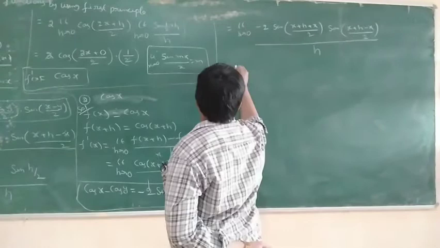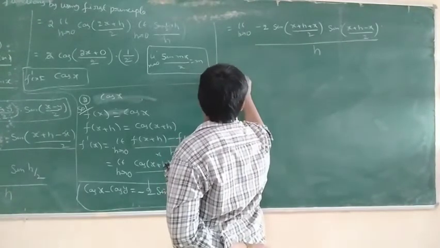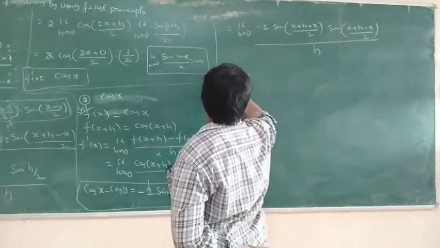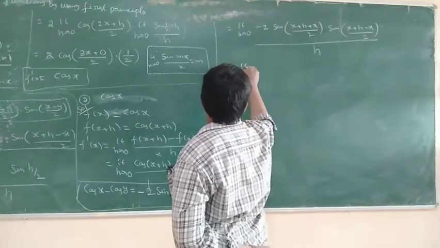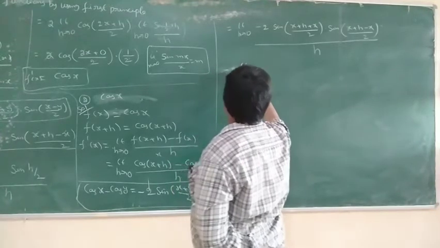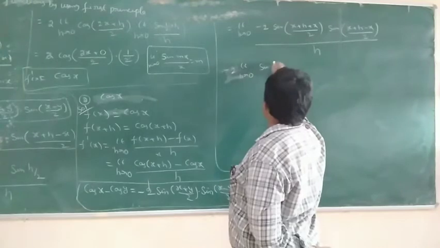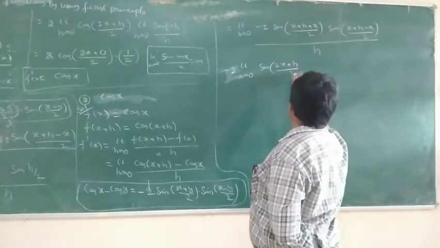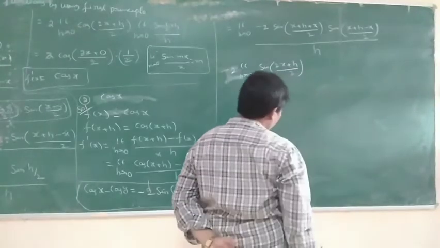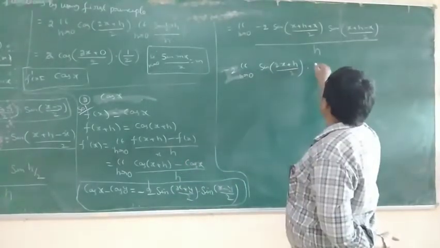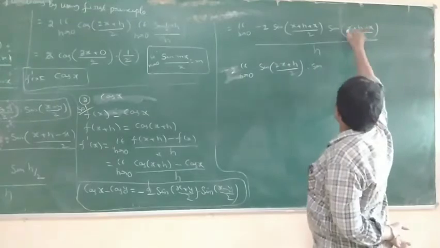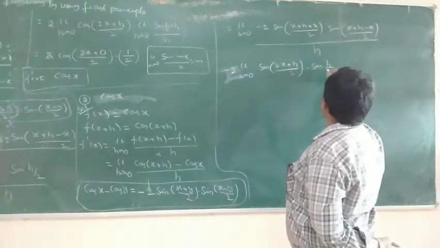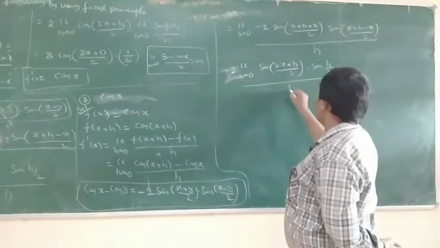So that is equal to the limit as h tends to 0, the negative minus 2 separated, of sin of (2x plus h) by 2, into sin of h by 2, the x's cancel, by h.